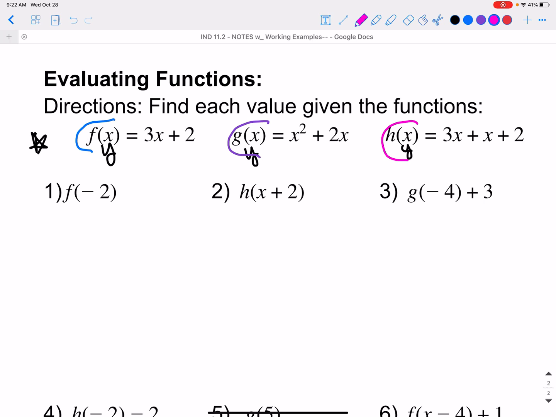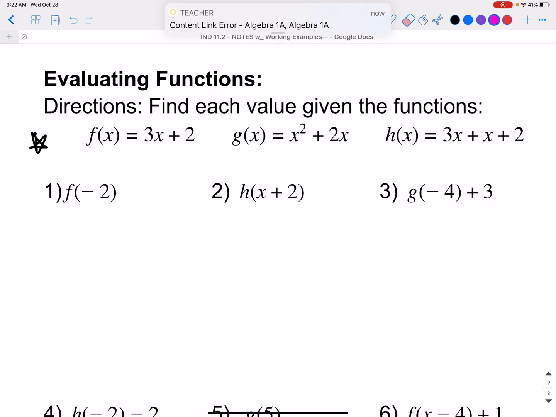So if I wanted to give you instructions on what to plug into each one of them, I could just call them by f, g, and h. It's just their name. They all are y equals. They're all just fancy y's, and the f, the g, and the h are just the way we tell them apart.